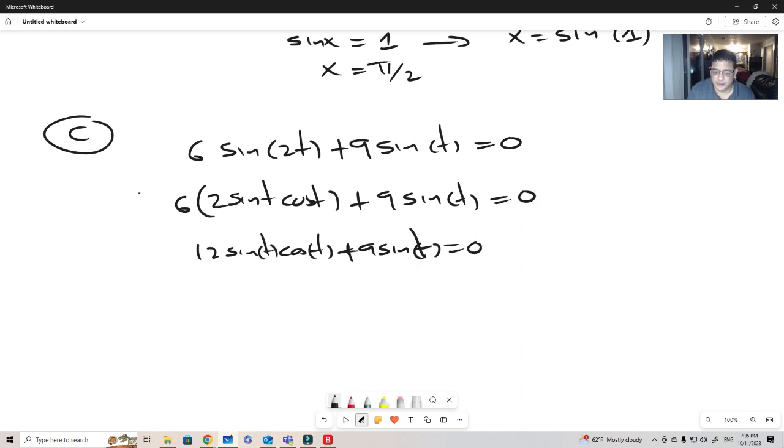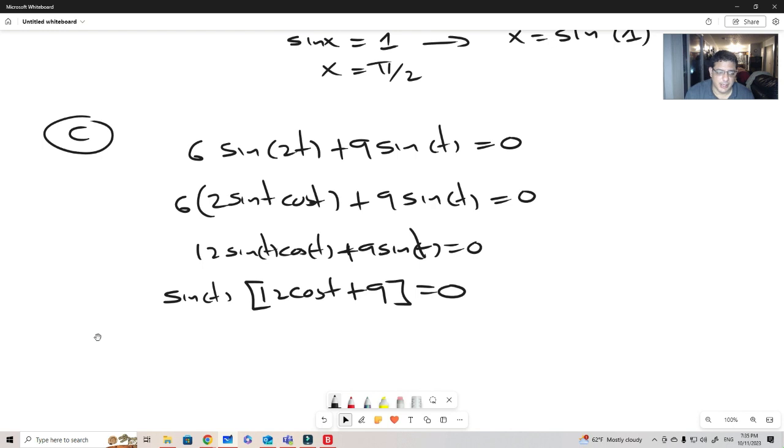So I can factor the sine because it's common, and this is sine of t times 12 cosine, which is what is left once I factor the sine, plus 9. Since here, once I factor the sine, that's what is left.